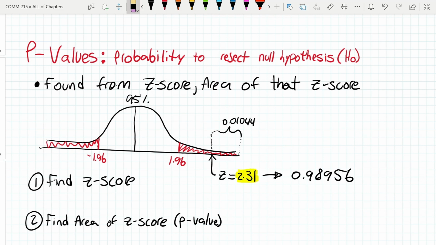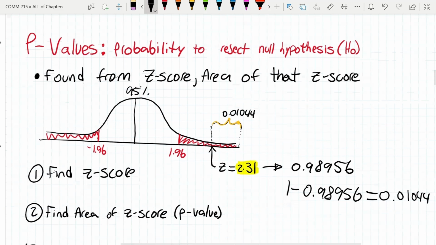But since we want everything to the right, which is pretty much this, we just do 1 minus 0.98956, and that equals 0.01044. And so that is our p-value, because it's pretty much the area of the z-score.